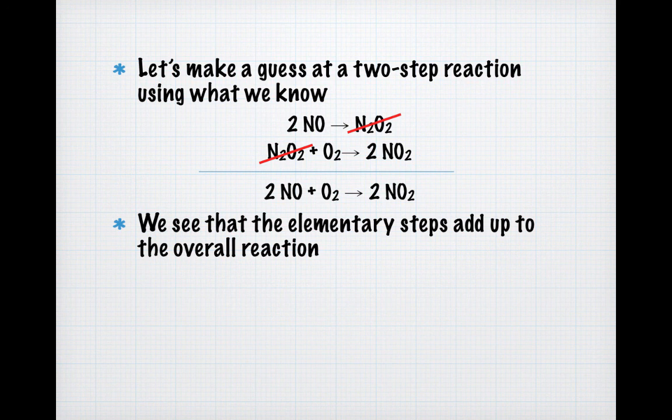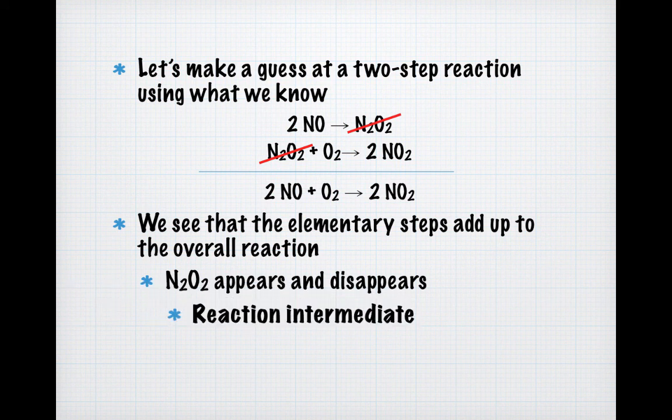So here the elementary steps add up to the overall reaction, and that is something that must happen. The sum of your elementary steps has to be equal to the overall reaction, and it has to be balanced as well.